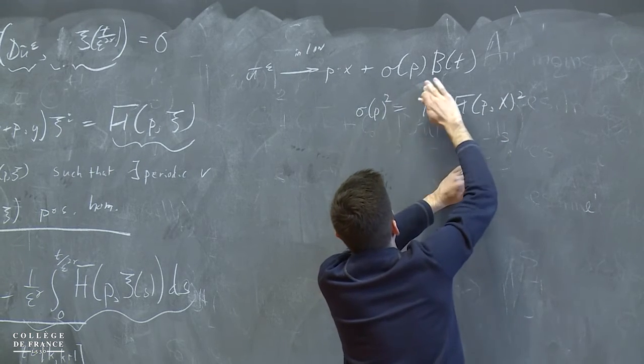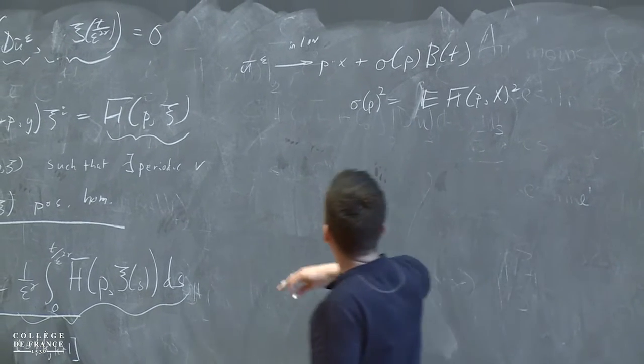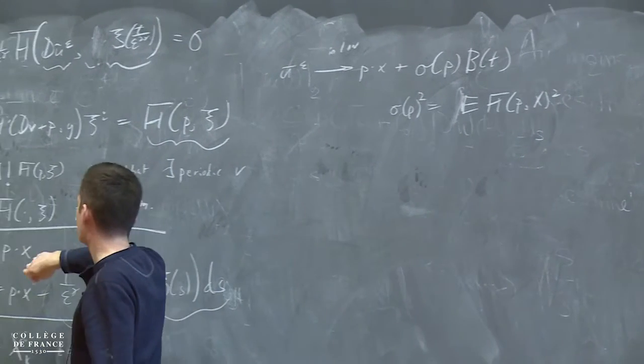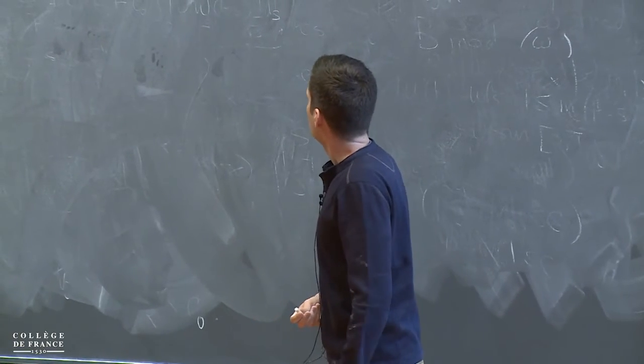Put a squared here. And this is just from the fact that what I have for my U bar epsilon is also a random walk, scaled random walk.